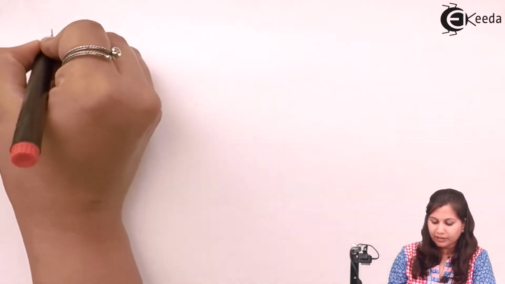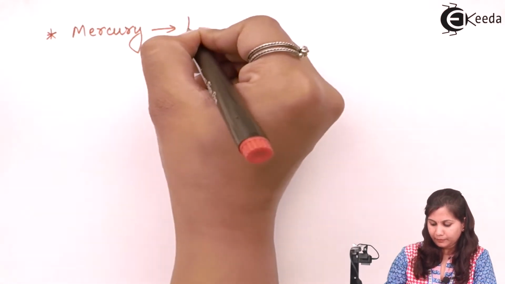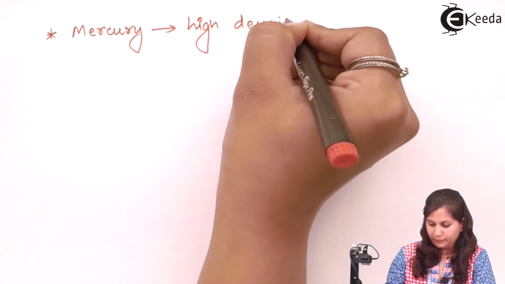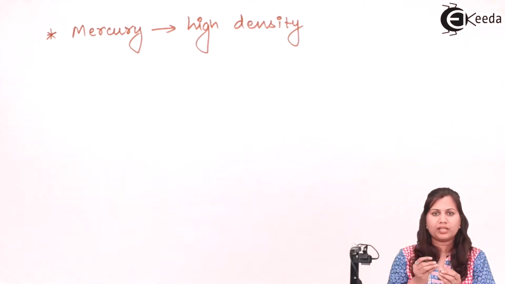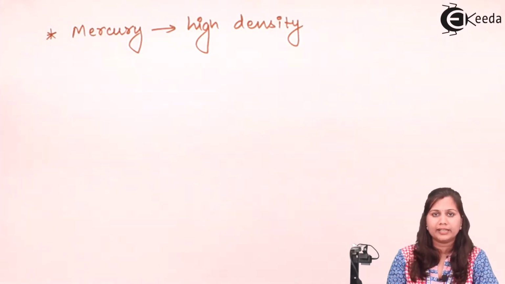Now, why is mercury mostly used in manometers for pressure measurement? Because mercury has a very high density. So if we use a very small amount of mercury, that can also give us the results, and that is going to minimize the size of the device.